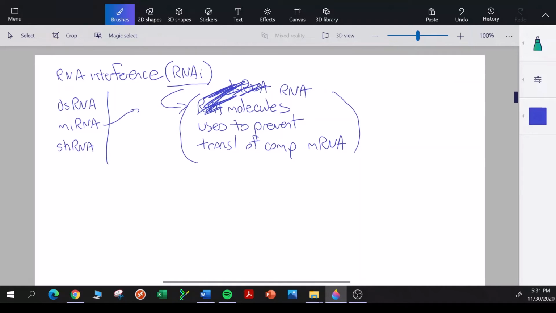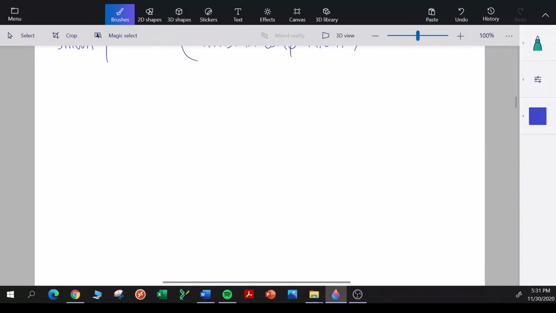So now let's cover the mechanism by which this occurs. So let's say a double-stranded RNA molecule somehow finds itself in a mammalian cell. And this double-stranded RNA could have been placed in the cell by a researcher.